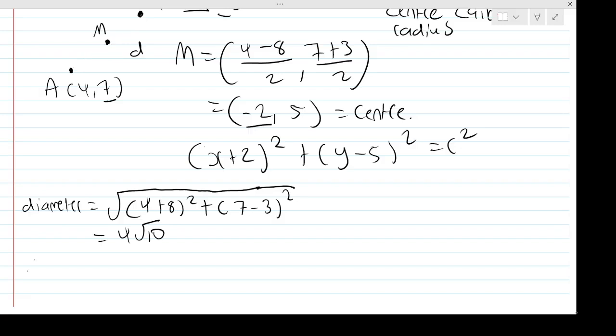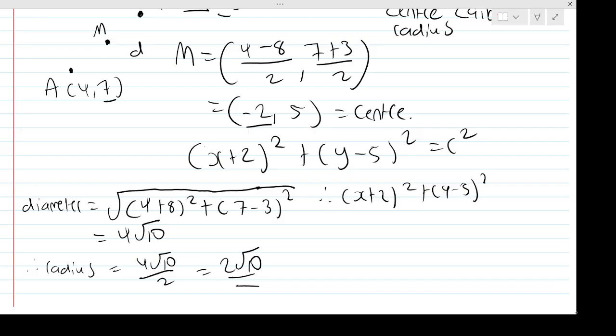So therefore radius is 4 root 10 over 2, which goes to 2 root 10, okay? There we are. But then I can complete my equation to therefore get x plus 2 squared plus y minus 5 squared is this whole 2 root 10 all squared, okay, because it's radius squared, remember.